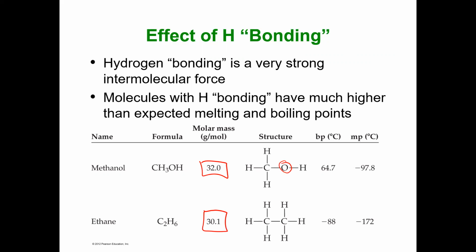We know that this is bent. It's not tetrahedral. It's a bent shape, and it's very polar. But it's a super dipole because the hydrogen's bound to an oxygen. So what does that do? Super dipole, hydrogen bonding, the boiling point exceeds expectations and is way higher than a normal ethane that can only exhibit London dispersion forces.